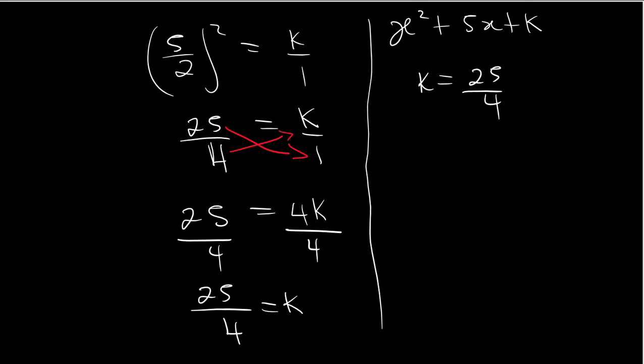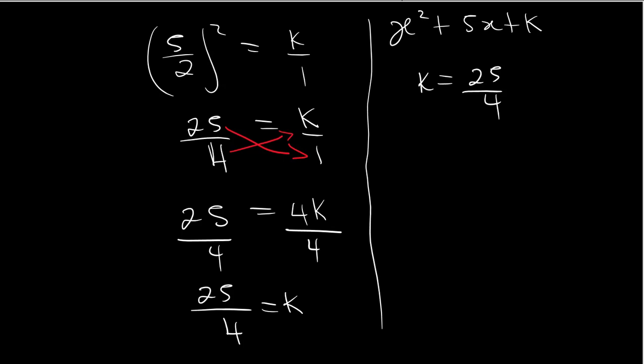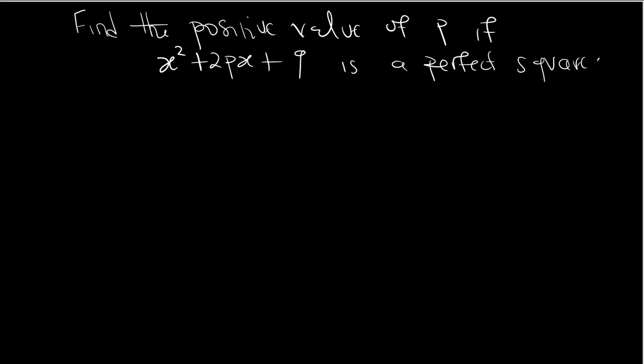Let's consider this second example. Now the question is, find the positive value of p if x squared plus 2px plus 9 is a perfect square.